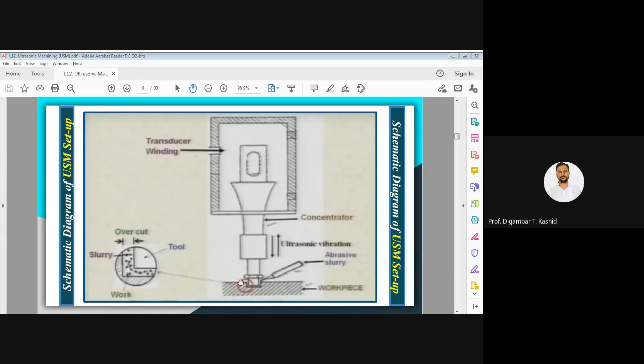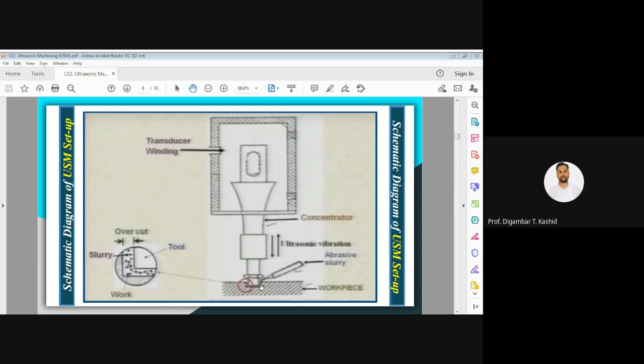So there is a tool, and thousands of abrasive particles are there under this tool. Now when this tool is vibrating, let us assume that due to the vibration of the tool, it will hit the abrasive particle, and this abrasive particle goes and hits your workpiece with a high kinetic energy.